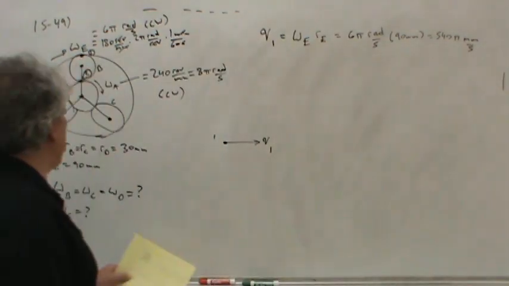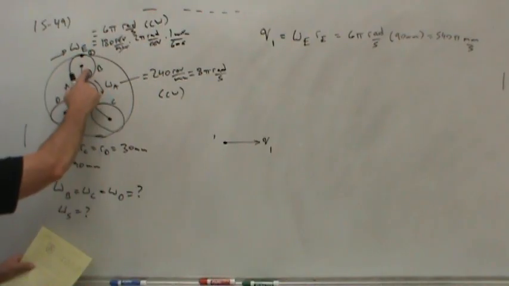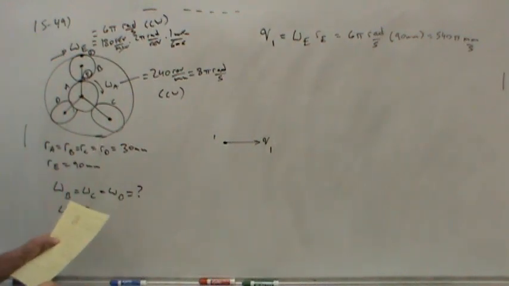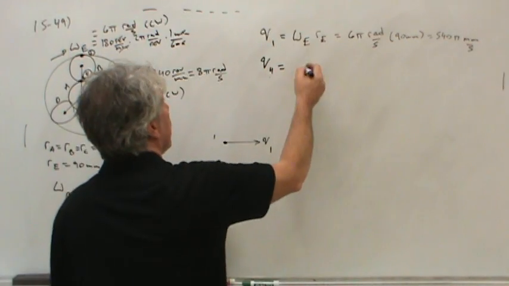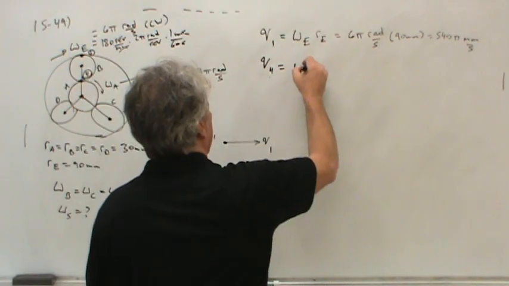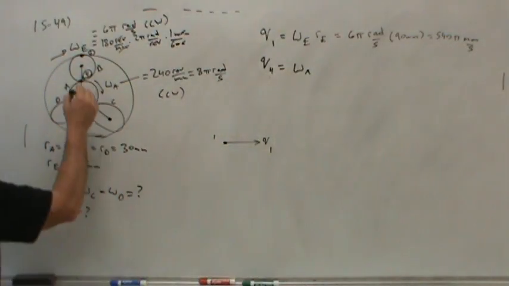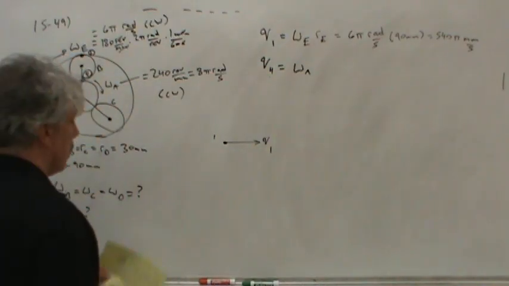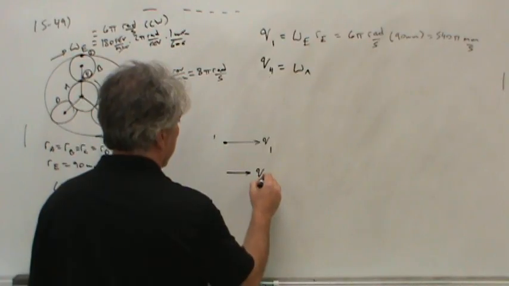Now we can also calculate the speed of, let's see, I did not call this 2, I called it 4. I don't remember why. Let me switch the number. So this point here where B and A mesh, I'm going to call 4. So V4, we can figure out from the angular speed of A, because we were told how fast A is rotating. And so A has to rotate with some speed, clockwise, right? So this point's going to the right. How fast? We'll find out in just a second. There's V4.